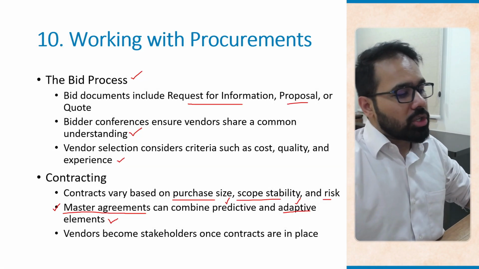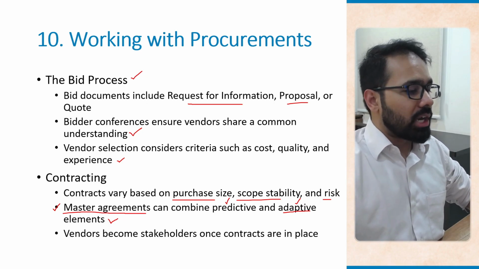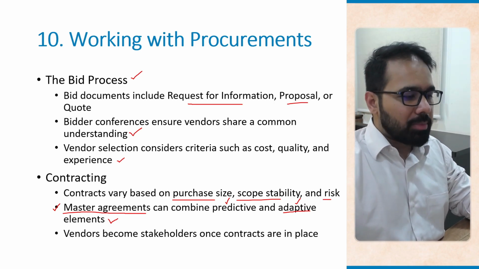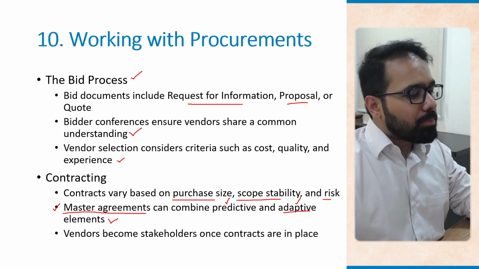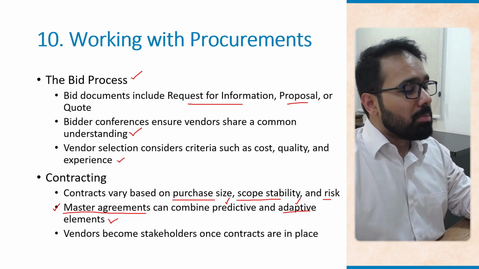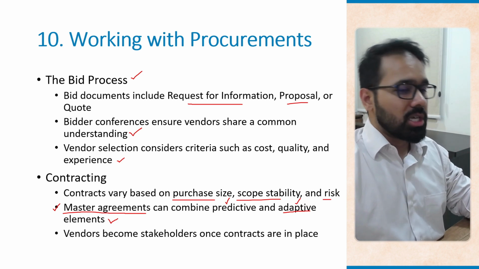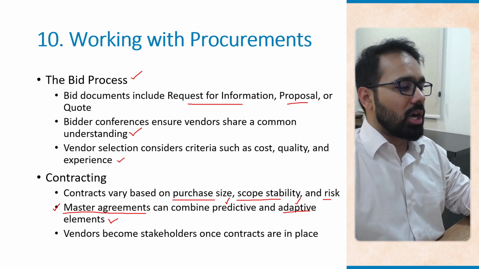Now, the last point on this is vendors become stakeholders once contracts are in place. Once the contract is in place and signed by all the parties involved, from that point, your vendors must be managed like the other stakeholders of your project. This is going to ensure alignment, and this is also going to ensure accountability.